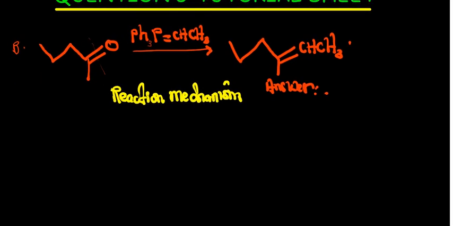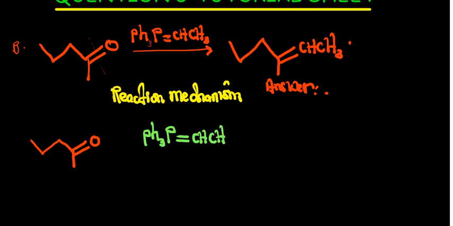So we have our reactant here as this, and then in the presence of a reagent, and this reagent is PPh3. I'm going to write it as PPh3. This is a phenyl group. The phosphorus is there, which is double bonded to the long carbon chain CHCH3. So that's how it works out.